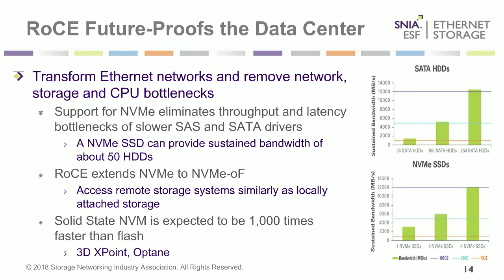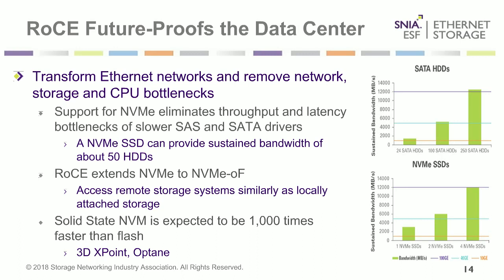Going on to the next one, I want to talk a little bit about the future. We're seeing dramatic improvements in sustained bandwidth as we see a change in the storage technology as we go from SATA hard drives, for instance, to NVMe or flash drives and so forth. And there are other technologies that are going to be coming out in the near future.